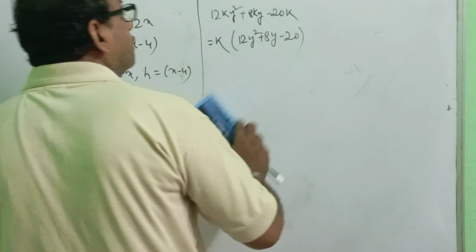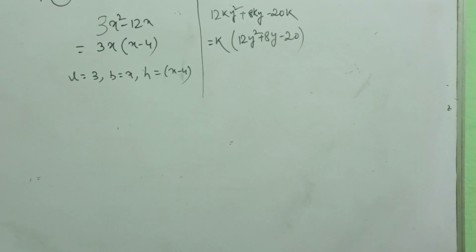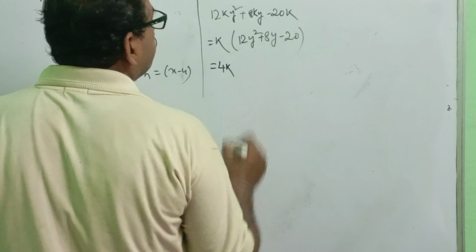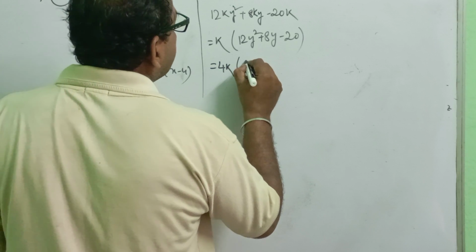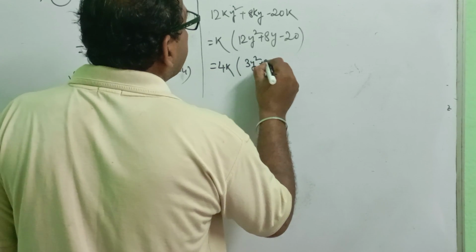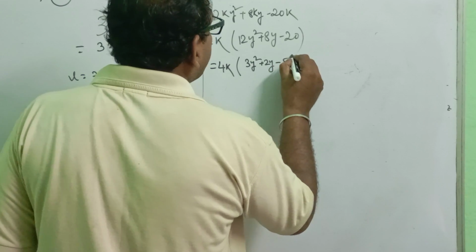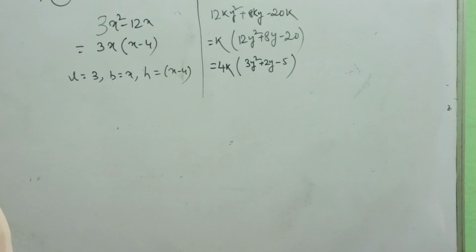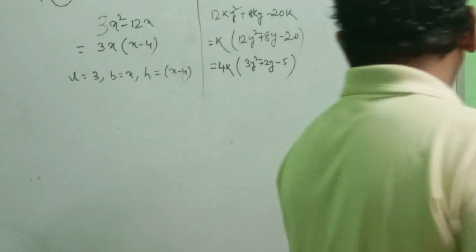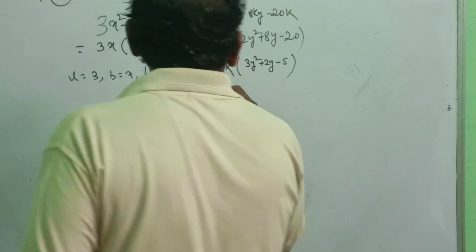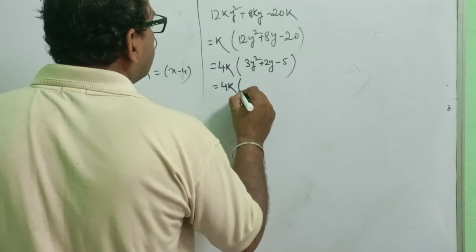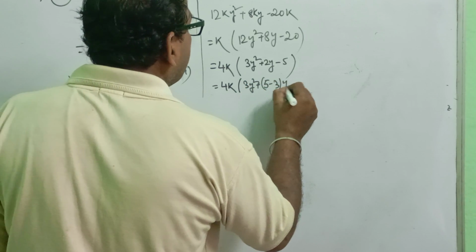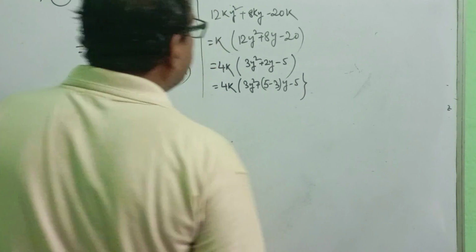So what will we do? Again take the common, 4. That is 3y square plus 2y minus 5. Now 3y square minus 5, that means 5 minus 3 is equal to 2. Five minus 3, y minus 5. It's clear.